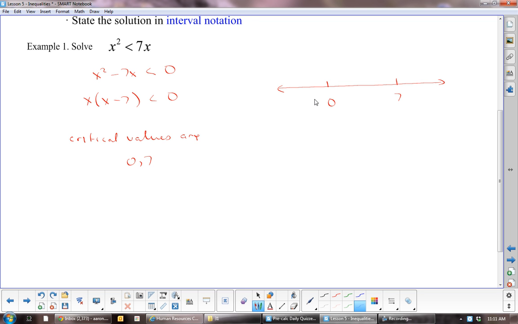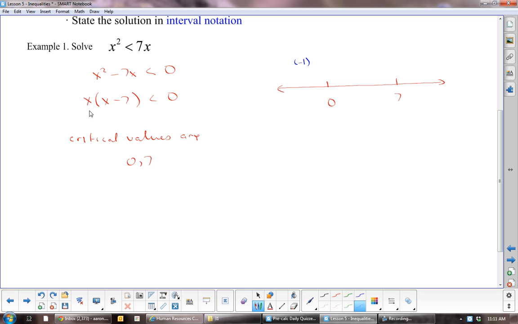So what is a good value to test in here? -1. You kind of want to be nice to yourself. So I kind of write it in brackets so I remember. And we're actually going to put it into this equation.